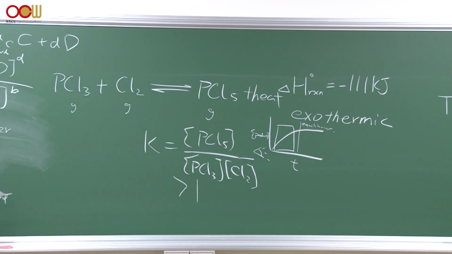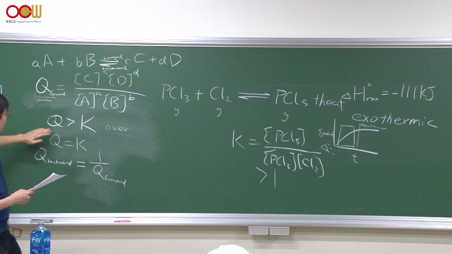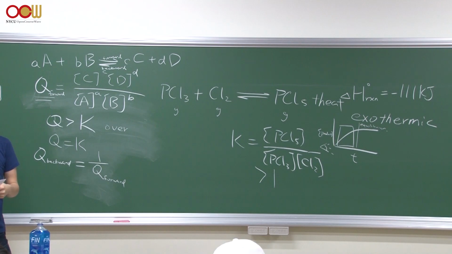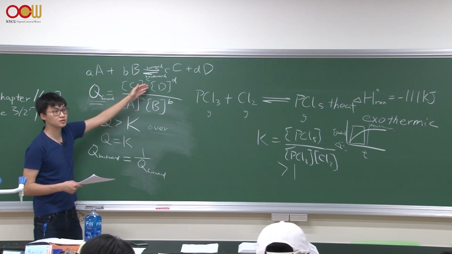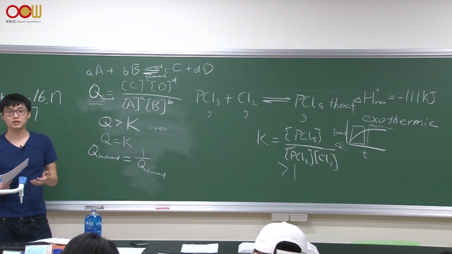All right, so there's another thing that is kind of confusing. Generally, when we talk about Q or K, they are unitless. But you can also see some textbooks will tell you that you have to cancel out the unit. So in reality, either way is fine, okay?